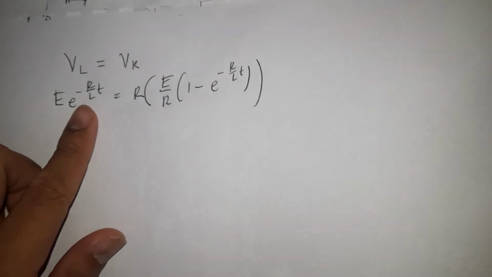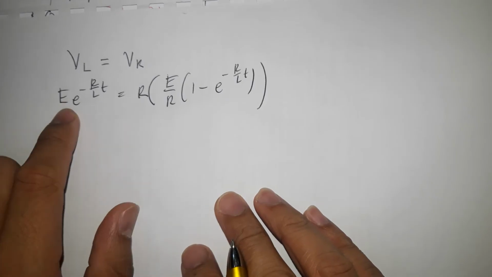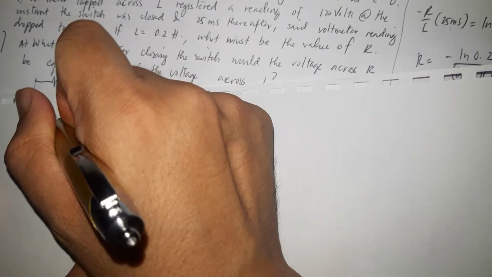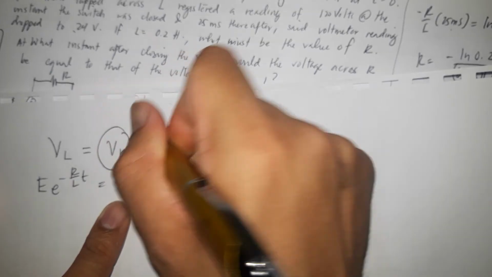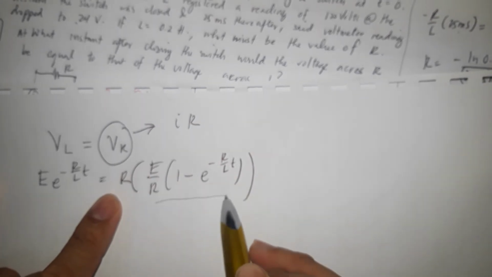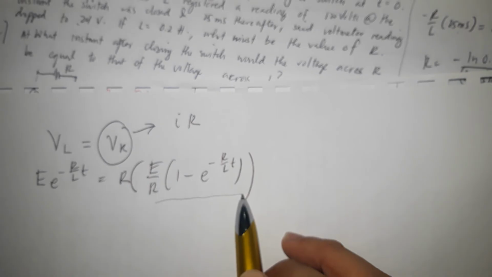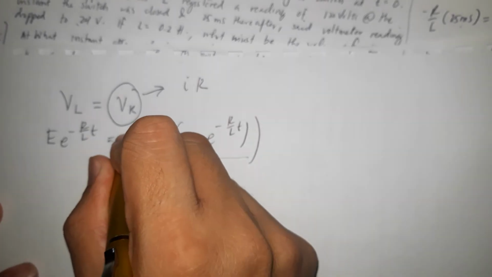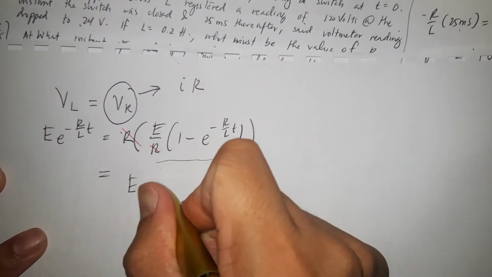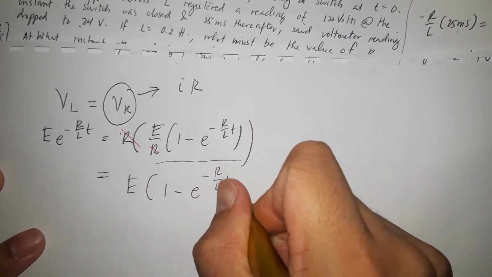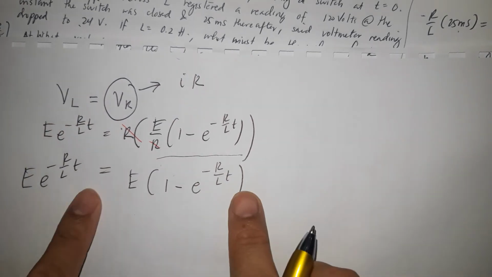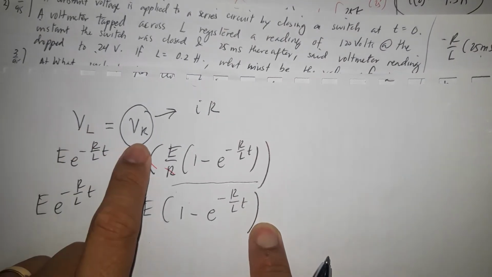So VL, E times e to the negative R over LT, is equal to VR, which is I multiplied by R. This is the expression for the current in the RL circuit. Simplifying VR, the R cancels out, so this gives you E times the quantity 1 minus e to the negative R over LT, which is equal to e to the negative R over LT.